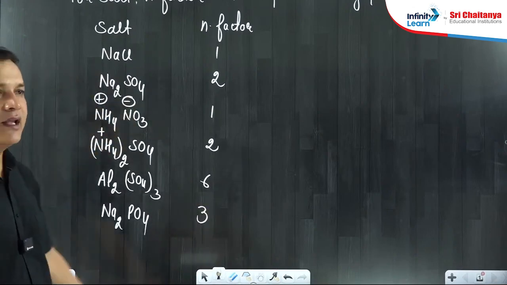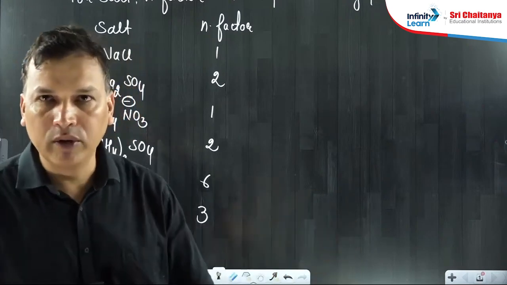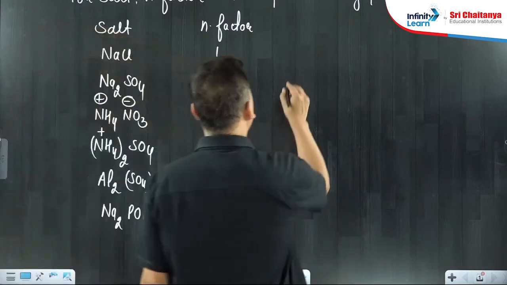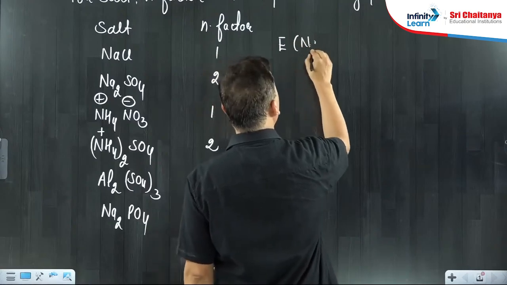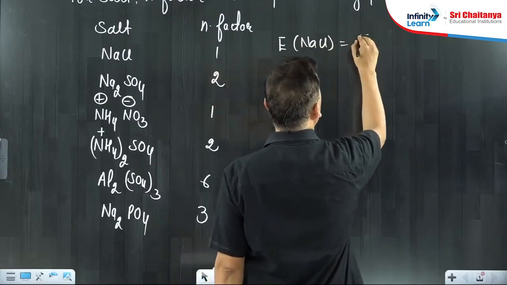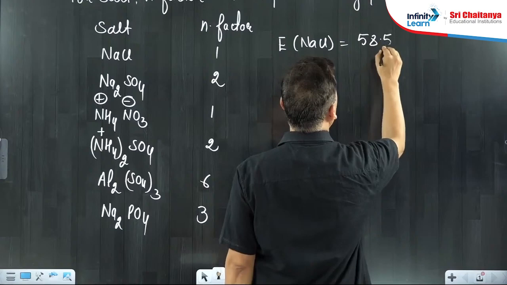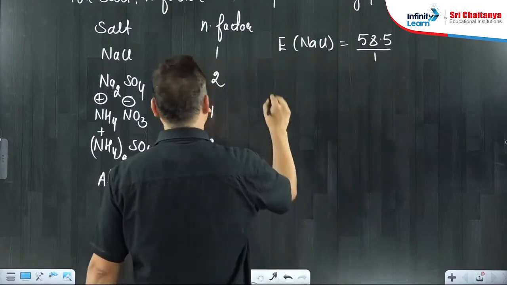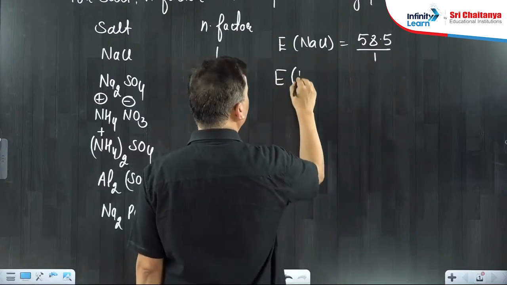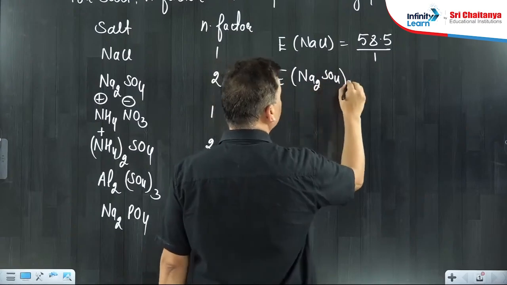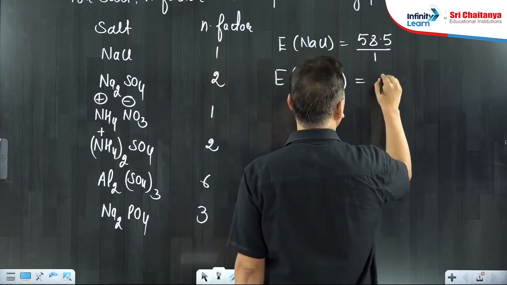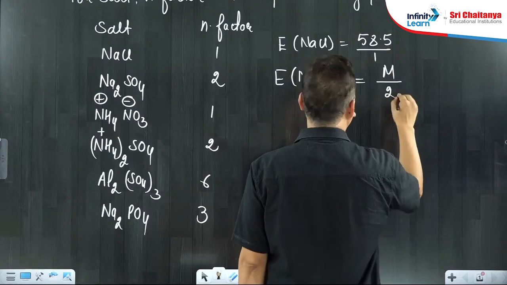So, dear student, if we know the n factor, definitely we can calculate its equivalent weight. Equivalent weight of NaCl is equal to its molar mass, 58.5 divided by 1. Equivalent weight of sodium sulfate, Na2SO4, is its molecular mass M divided by 2.